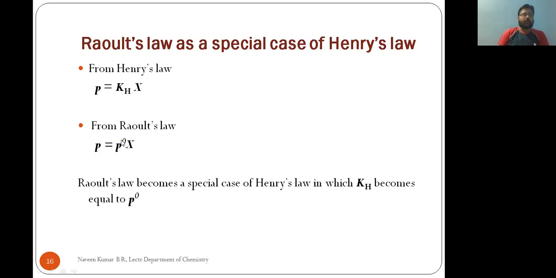When Kh becomes equal to P naught, we can call Raoult's law a special case of Henry's law. So this is a simple concept relating both the laws. Okay, with this information, we'll continue with Raoult's law.